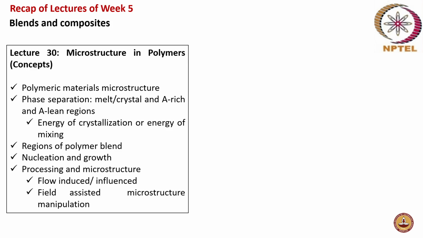And energy of crystallization or energy of mixing, and the nucleation and growth, processing and microstructure, how a flow can induce changes in orientation and microstructure. Field assisted, for example, if they are able to respond to a magnetic or electric field, again there will be orientation changes if the field is there, depending on the intensity of the field.